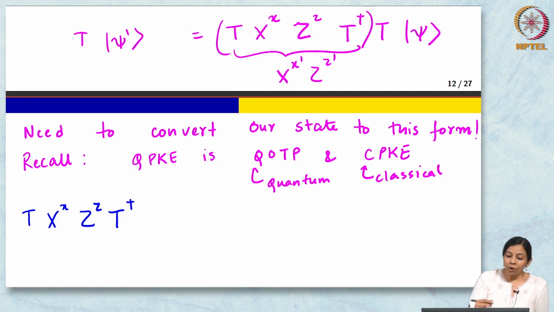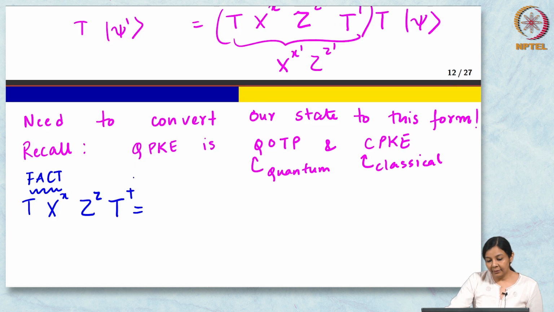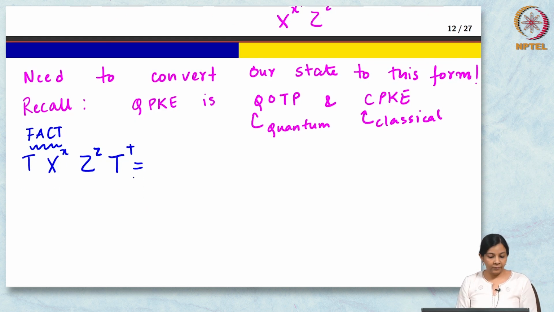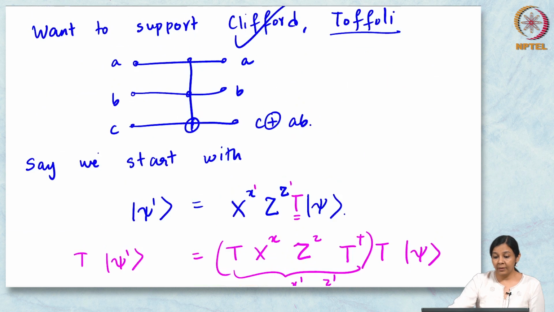Okay, what to do? So, now one fact that we will use is the following. It turns out that if I open out this expression in terms of C naught gates and Pauli gates, then this looks like the following. Okay. So, first of all, observe that X to the x and Z to the small z. So, this small x and small z are how many bits? 3 bits in fact, right, because we have 3 bits that are input to our gate.